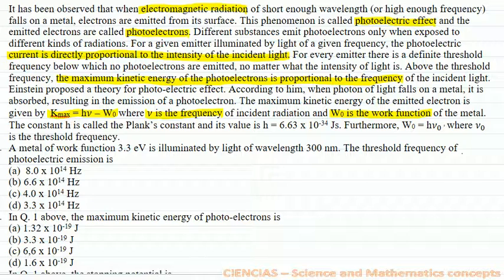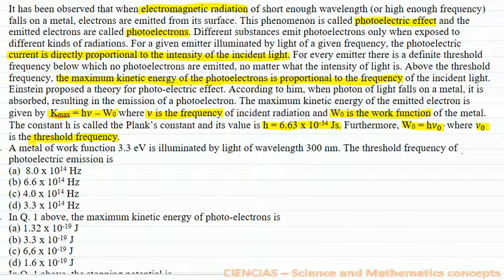The constant h is called Planck's constant and its value is h = 6.63 x 10^-34 joule second. Furthermore, W0 = h nu 0, where nu 0 is the threshold frequency.